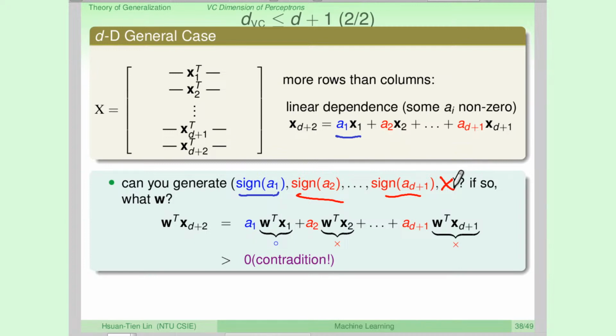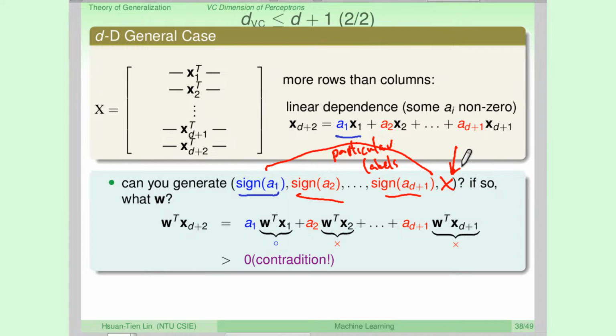So this is what we did previously. I'm fixing the first ones to some particular labels, and then challenging with the last one that's logically impossible.